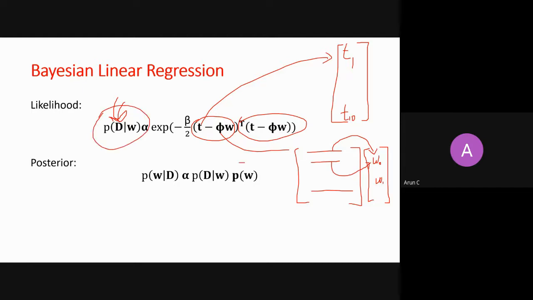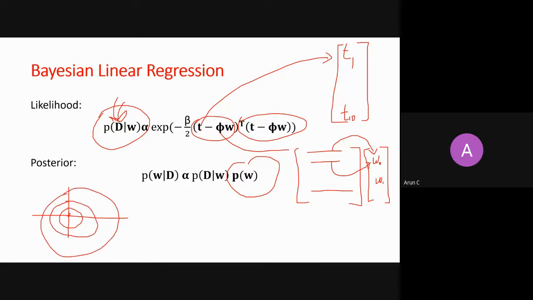Then I said that you just assume that there is a prior probability on your lines. So for the prior probability, we said you just assume there is a bivariate Gaussian where the density is like this, right?